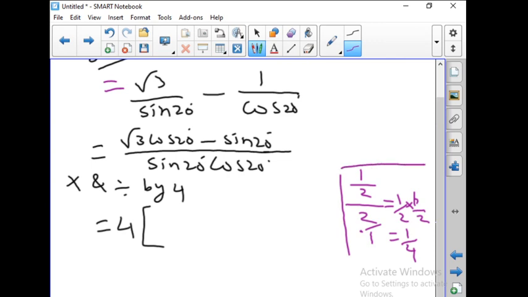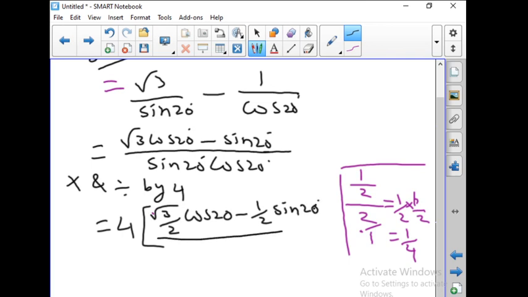Therefore, that dividing by 4, we are writing like this. Root 3 by 2 into cos 20 minus 1 by 2 into sine 20 divided by 2 sine 20 cos 20.